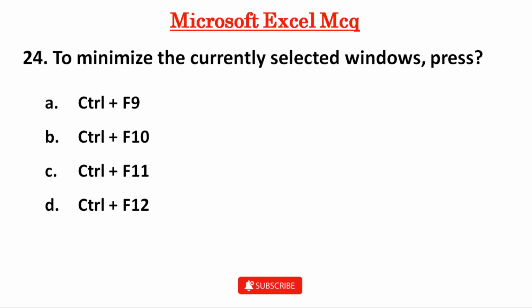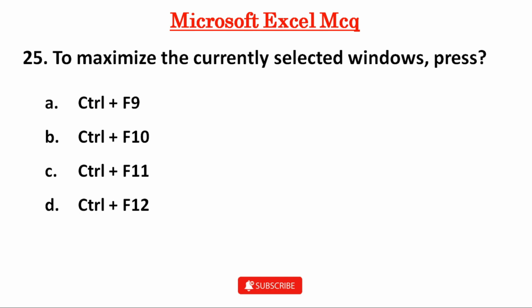Next, to minimize the currently selected window, press. Right answer is Control plus F9. Next, to maximize the currently selected window, press. Right answer is Control plus F10.